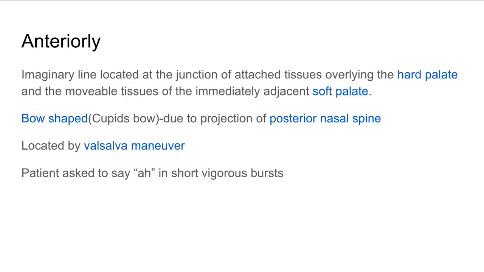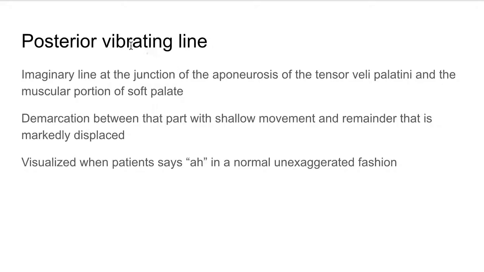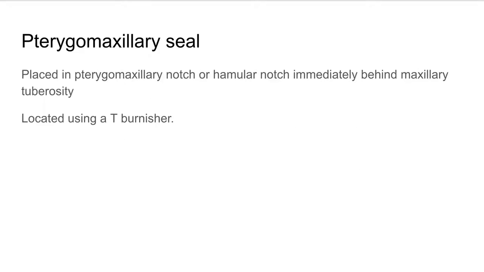So, the difference between the anterior and posterior vibrating line is that the anterior is the demarcation between the soft and hard palate, and the posterior vibrating line is the demarcation between the area within the soft palate which is freely movable and slightly movable. This is visualized when the patient says "ah" in a normal, unexaggerated fashion.